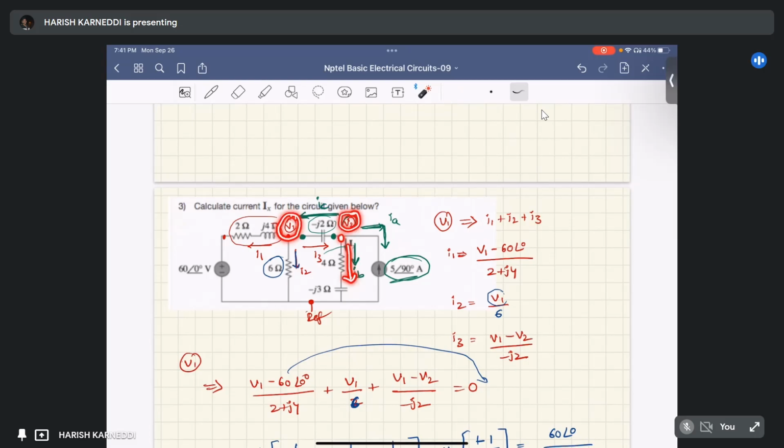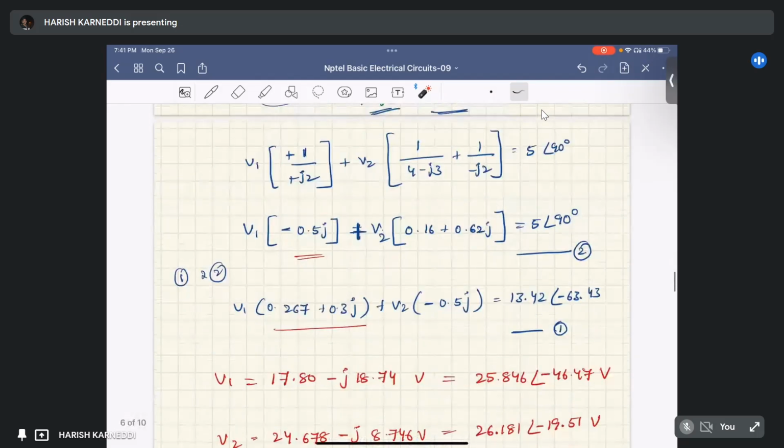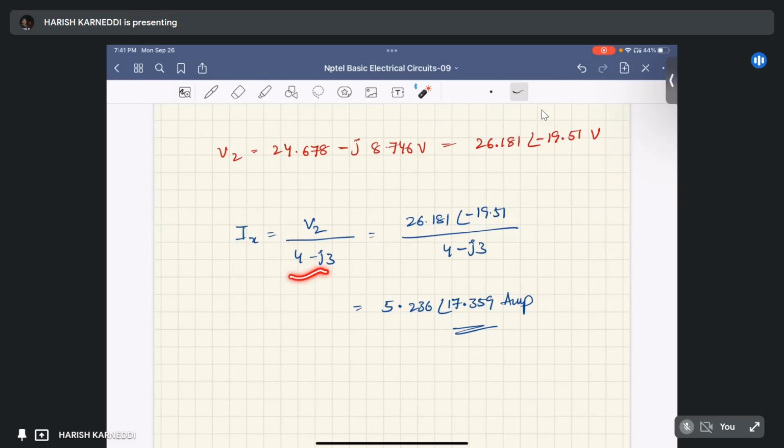Because the same node voltage is applied across this particular branch. So the current through this branch is the voltage across this branch by the impedance of that branch, simply from Ohm's law. So first we found out V2, and V2 by the impedance of this branch, that is 4 minus j3, gives the Ix.